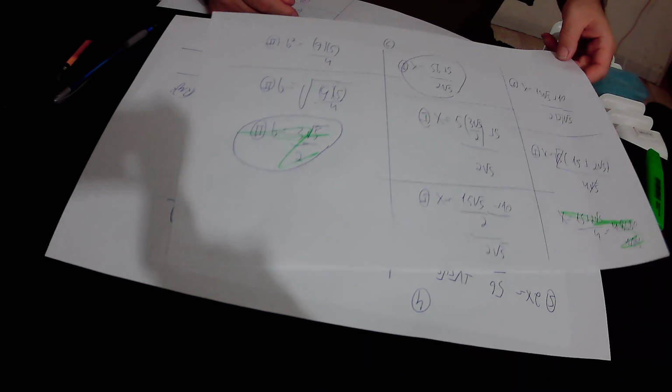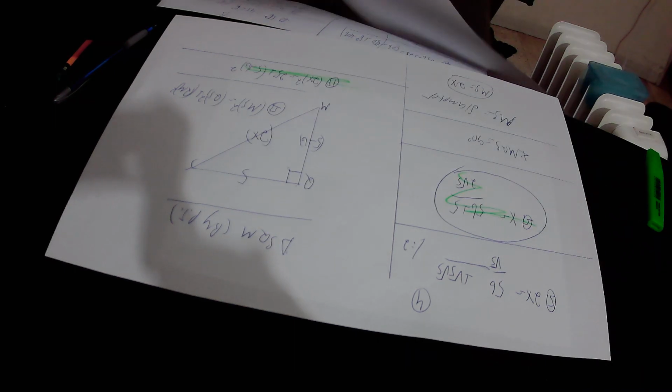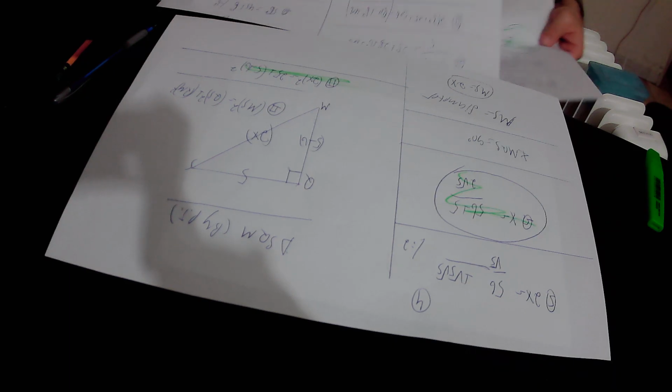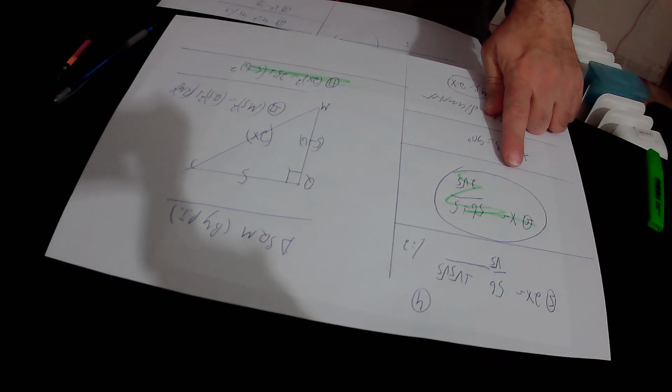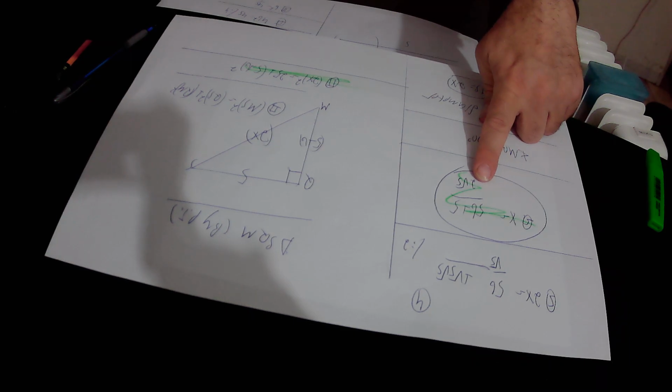While according to equation number 1, we have already found that x equals 5b plus 5 over 2 times square root of 5.